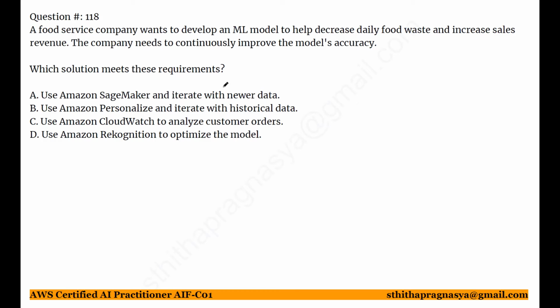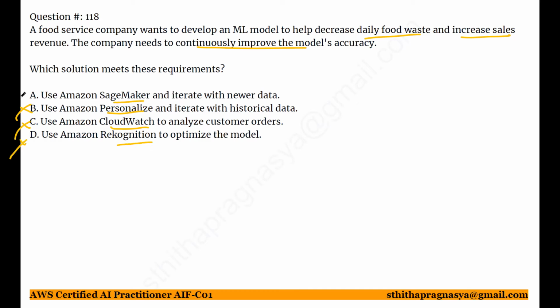The question asks for the best solution to help a food service company develop an ML model that can reduce daily food waste, increase sales revenues, and continuously improve the model's accuracy. How do you do that? Personalize gone, CloudWatch gone, Rekognition gone.